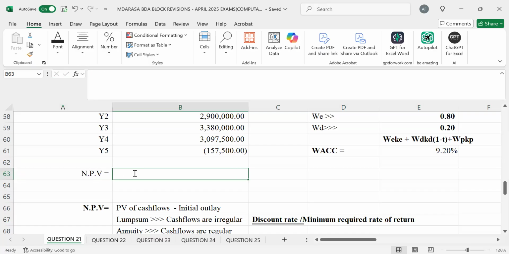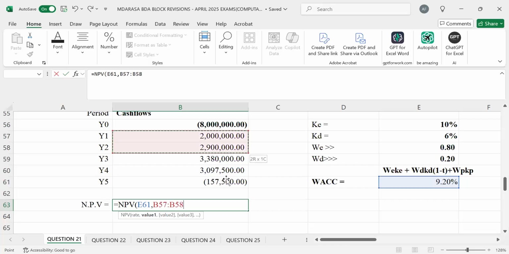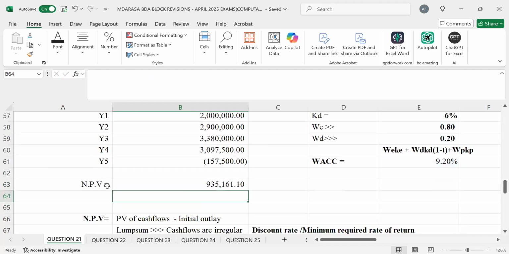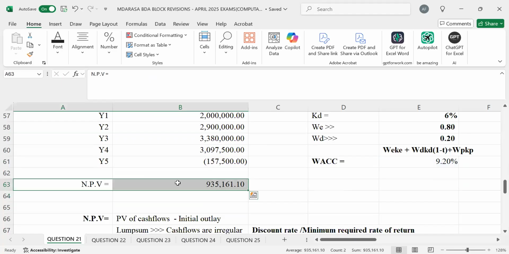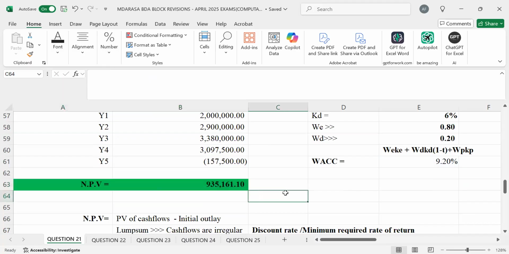Our formula now we apply, equal sign, NPV, tab, our rate is what you have determined there, comma, our values, we take all these values that we've earned over the years, then we less what? We less our initial outlay, so that our NPV should be having that case there. 935,161.10.